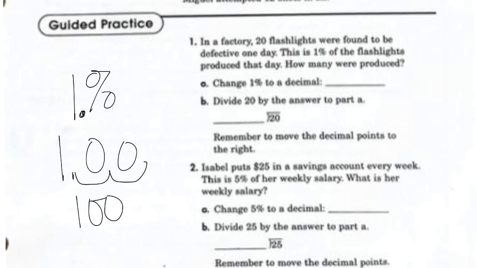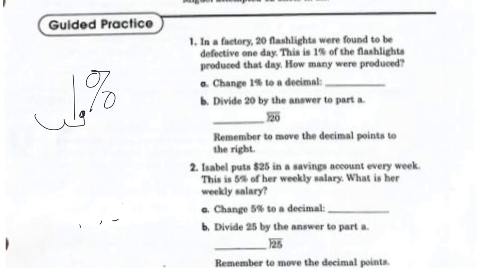Wait a minute. What am I trying to do here? Let's go with 1%. I went 2 places to the right when I want to go 2 places to the left. What was I thinking? All right, so that's why it didn't make sense to me. So I'm going to erase this.